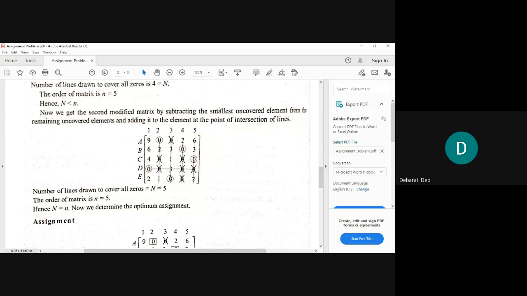In your fresh copy, and in your examination also, you write the matrix in pen, but the lines should be drawn with pencil, because you might have to wipe off and then redraw. That is why you should draw the lines with pencil. So draw the lines now and try to cover all the zeros, and the condition is the number of lines should be minimum.